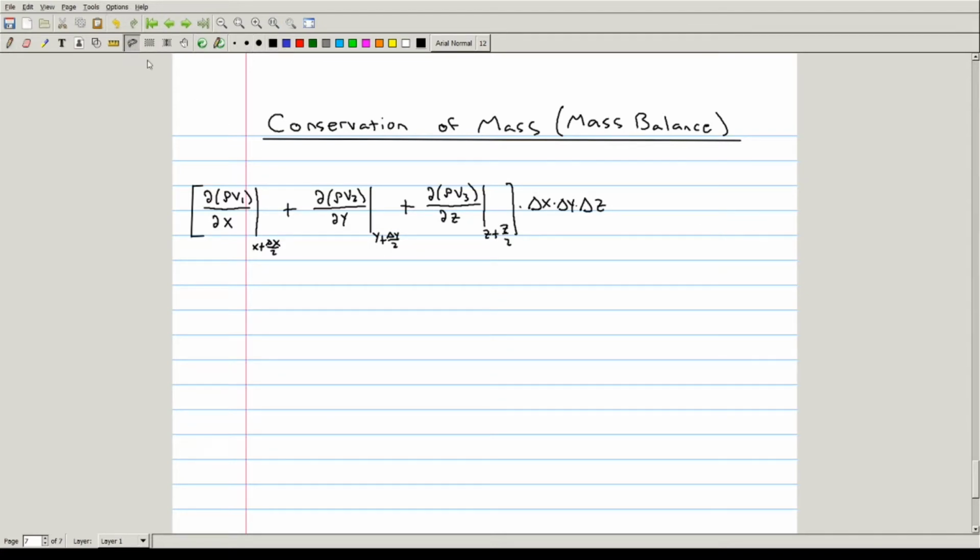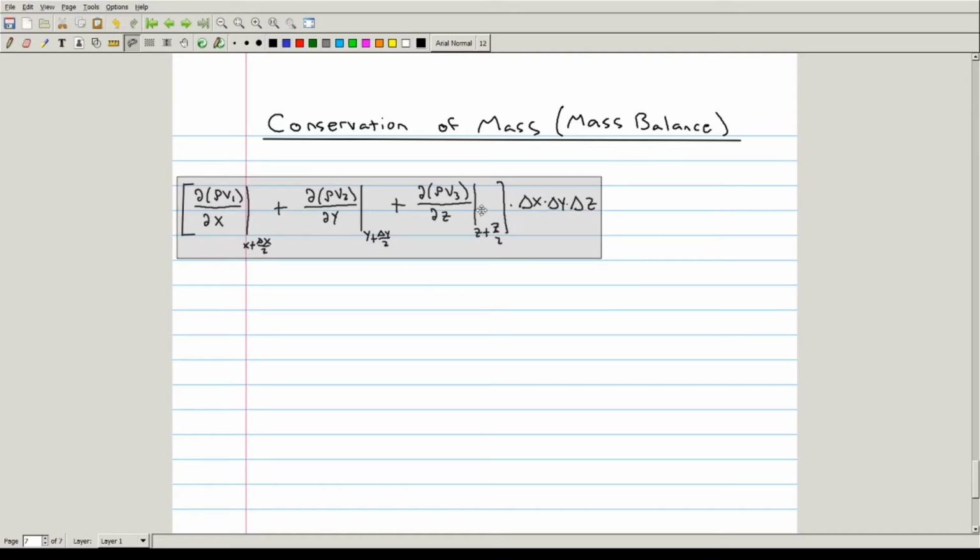This gives us the net flow of mass through the boundary. This should be exactly equal to negative d rho dt, the partial derivative of density with respect to time, plus the source rate.